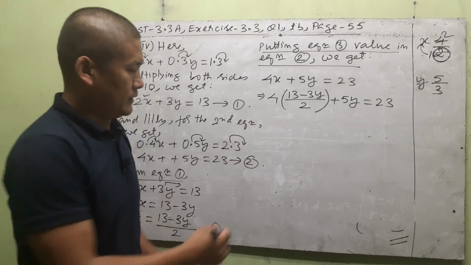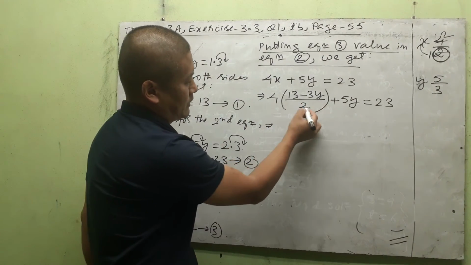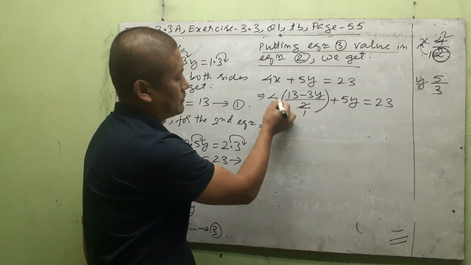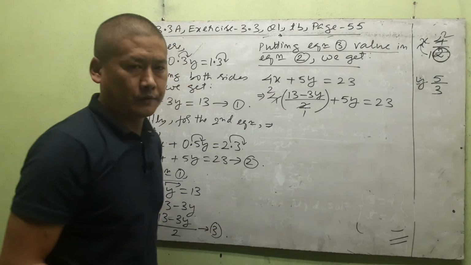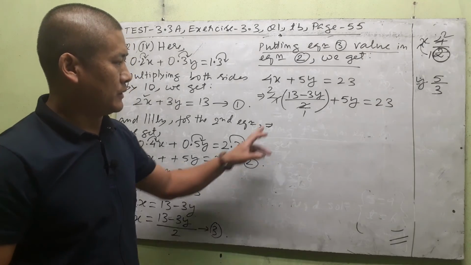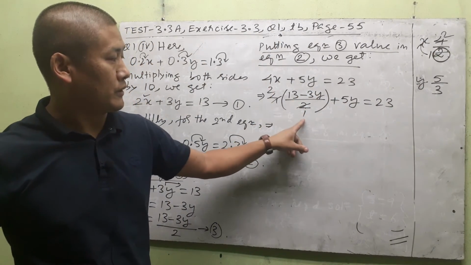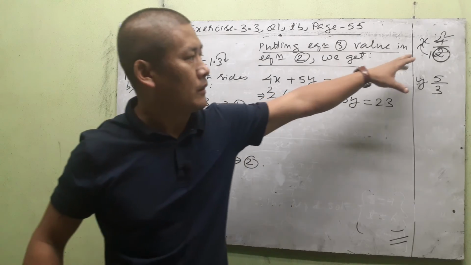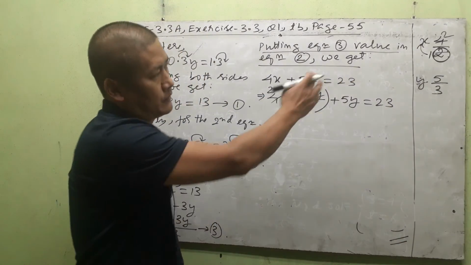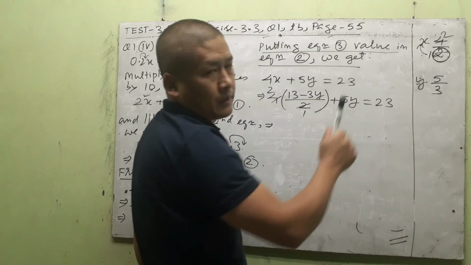Now before you deal, since this is a long line, we can actually cancel: 2 1s are 2, 2 2s are 4. That way you're getting 1 in the denominator, which is very easy to deal with. That's why if you do it this way, it makes it a little easier.